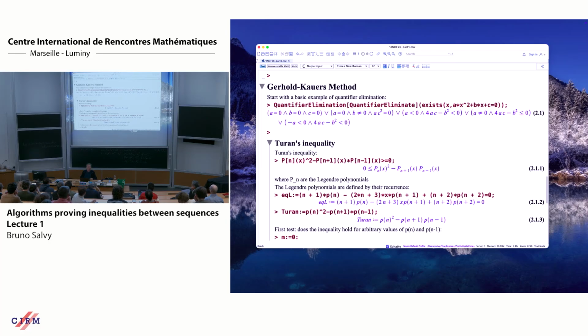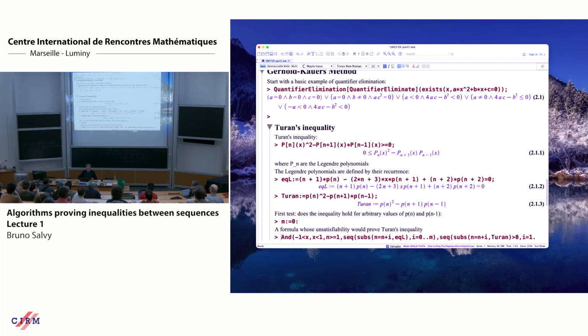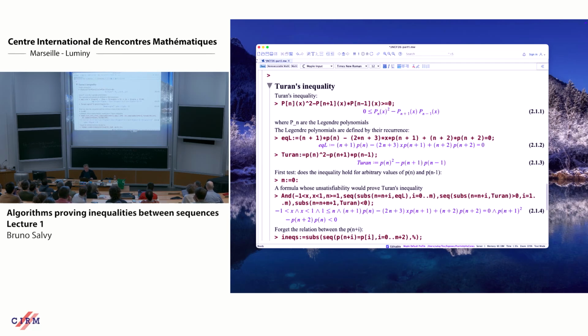I'm told that Mathematica's quantifier elimination is much better, and I will not rely on Maple's quantifier elimination in this talk. So let's construct a formula whose unsatisfiability, so there's no solution, would prove the inequality. So let's look at the formula. The formula is, no, I can do it like this.